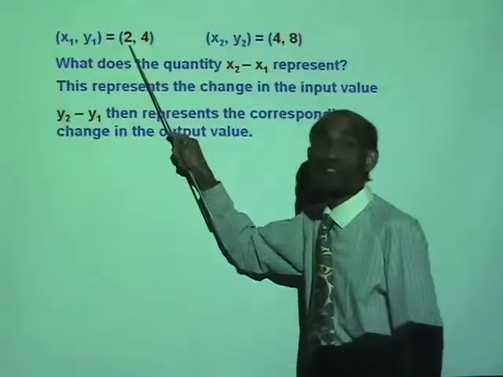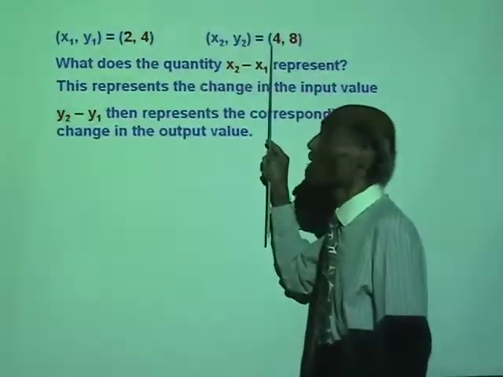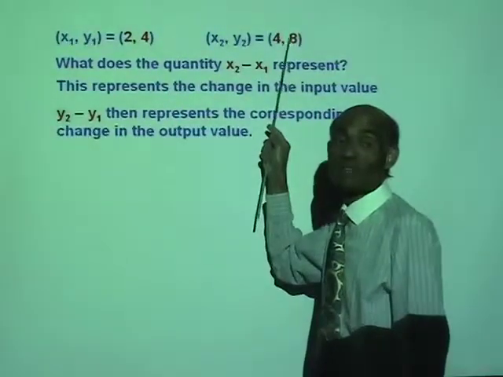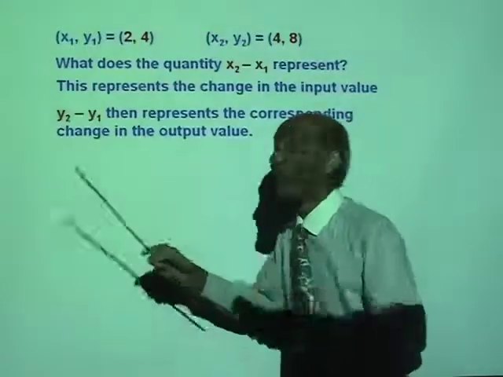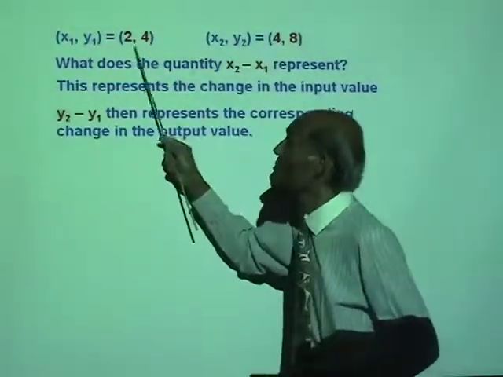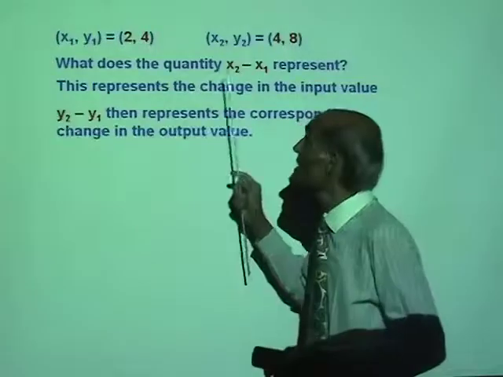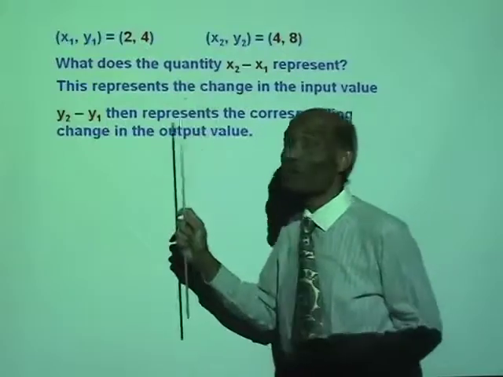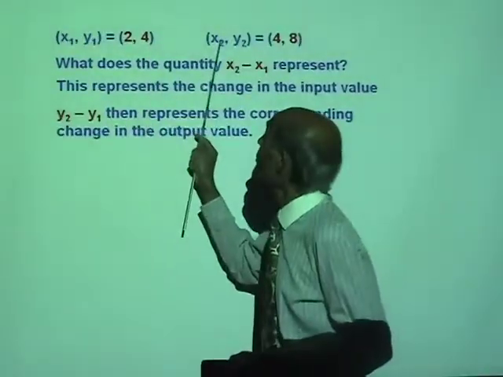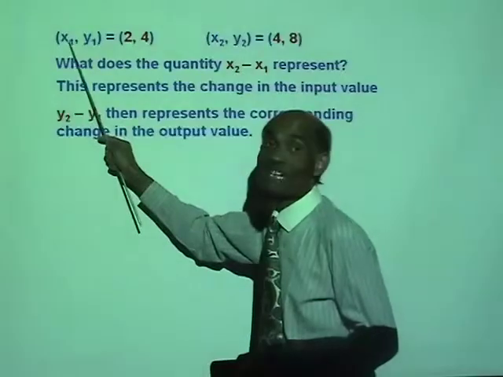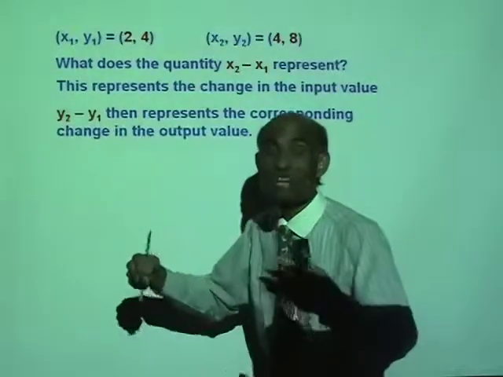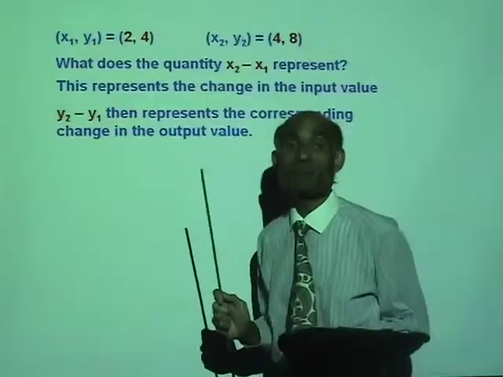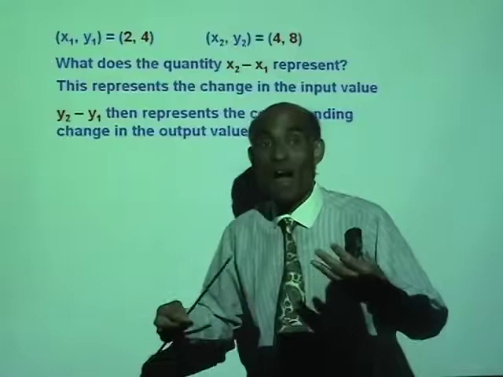When x changed from 2 to 4, y changed from 4 to 8. So the change in the input value is 4 minus 2, and the change in the output value is 8 minus 4. In general, we would say x2 minus x1 is a measure of the change in the input, and y2 minus y1 is a measure of the change in output.